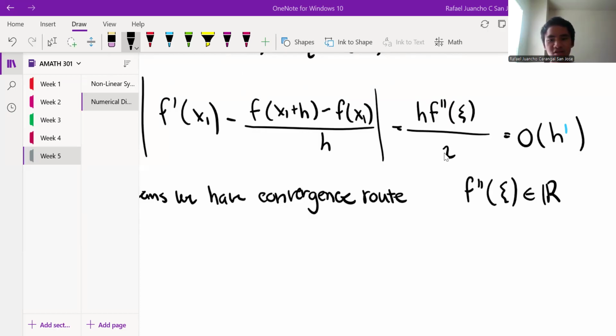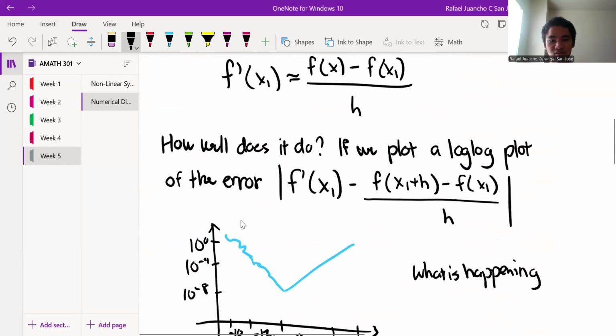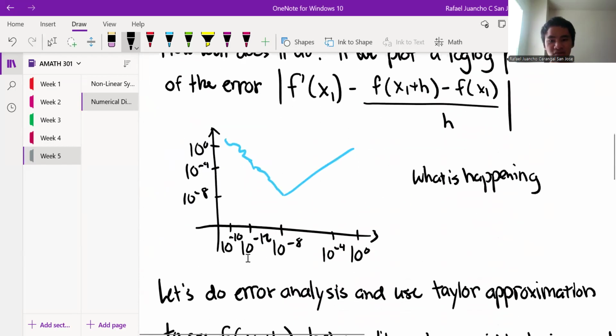And so we can see in the previous plot, let me just go back to here. In this plot, we see that for h large, as our h is big, the error behaves like O of h. But then for very small h values, it goes back up.